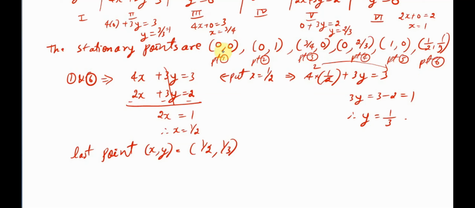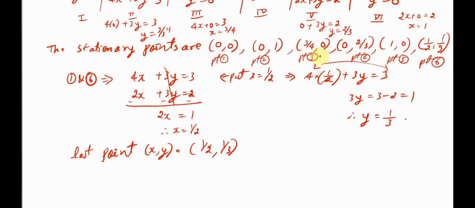One can very easily see if I substitute x equal to 0, y equal to 0, automatically A is 0. If I substitute x is 0, y is 0 in the B equation, again you will get B equal to 0. If you substitute x equal to 0, y equal to 0 in equation C, you will get 0. Again if you take point 2, x is 0, y is 1, again it is 0, all the three are 0.